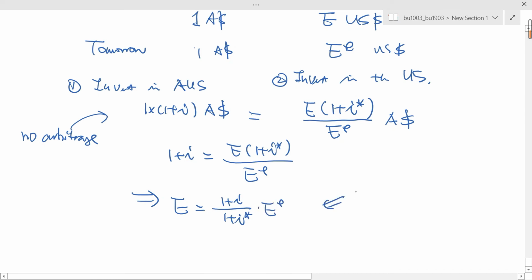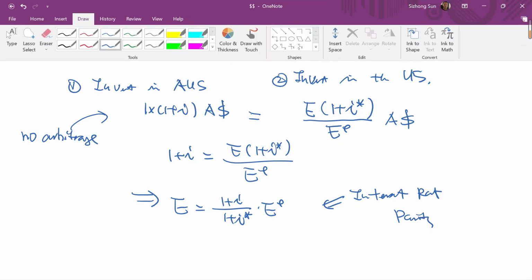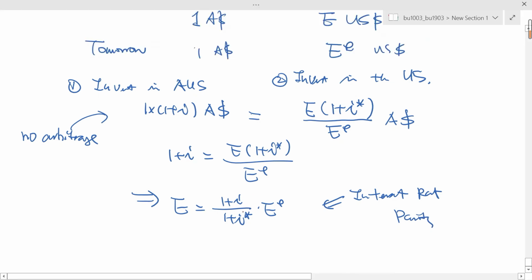And this is called interest rate parity. So now it's easy to see that, everything else being held constant, an increase in the interest rate in Australia results in the Australian dollar appreciating, an increase in the exchange rate.